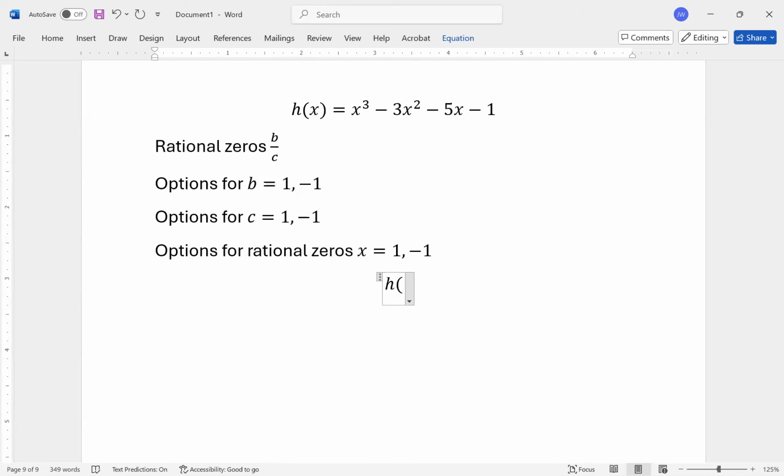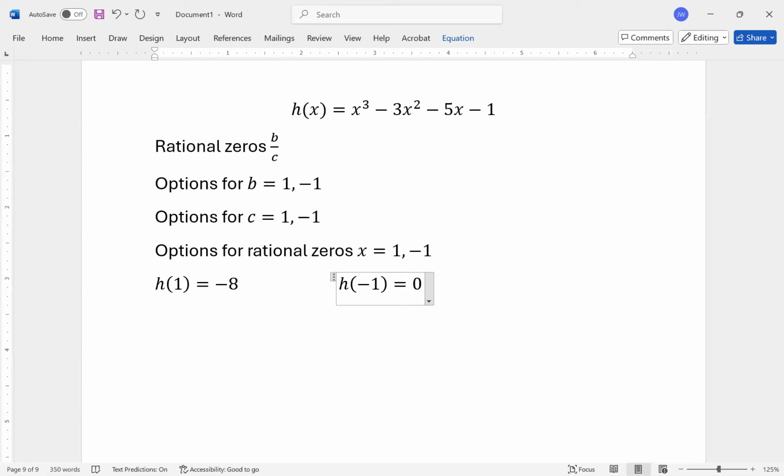And then we'll say, what happens when I plug in a 1? Well, when I plug in a 1, I end up with a -8. What's going to happen when I plug in a -1? When I plug in a -1 there, I end up with -1 minus 3 plus 5 minus 1, which is 0.